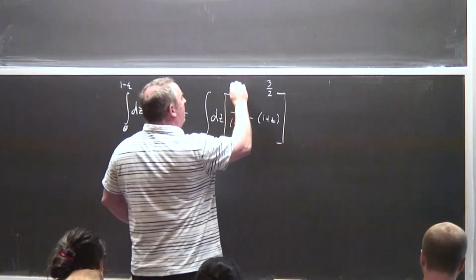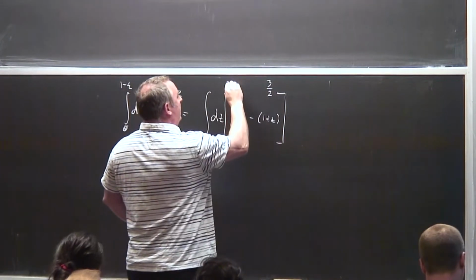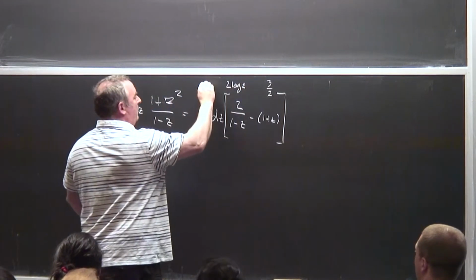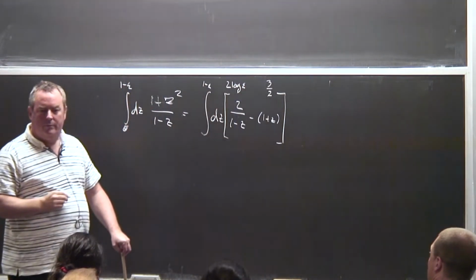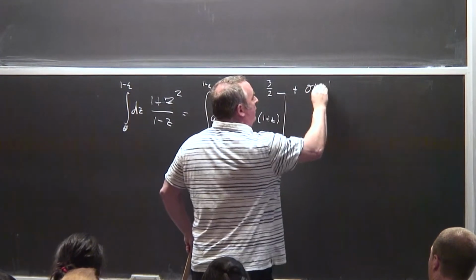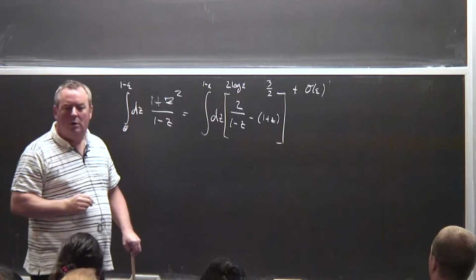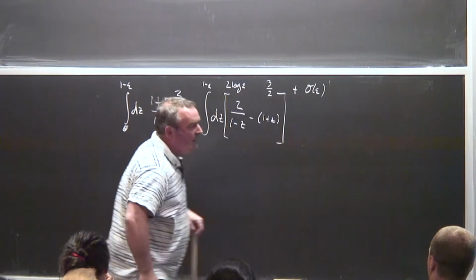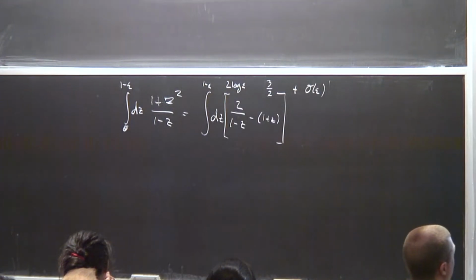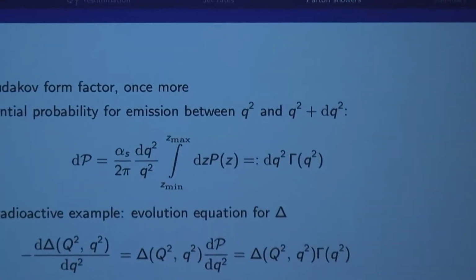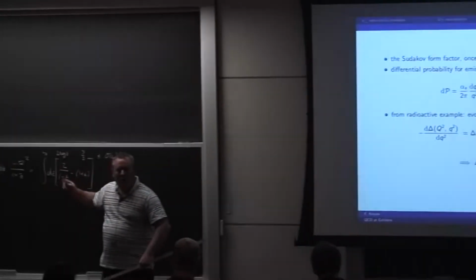And this thing here will give me something that looks like 2 logarithm of epsilon. And then I have terms of order epsilon that I ignore. And this is how the integral of the splitting functions gives you the terms A and B. You remember the 2 and the 3? That's how it comes.